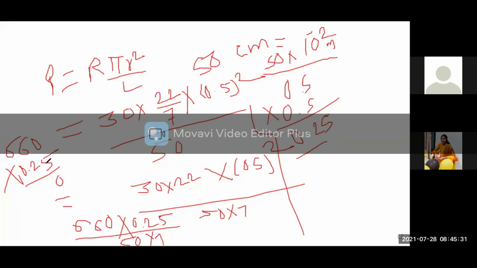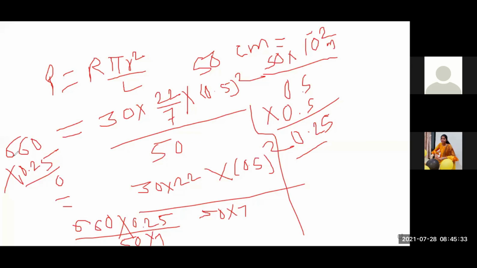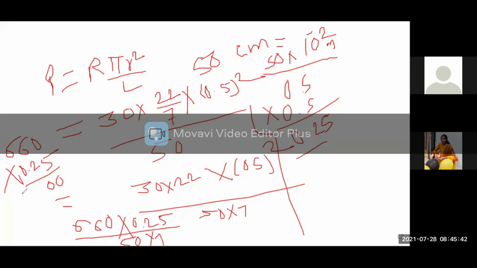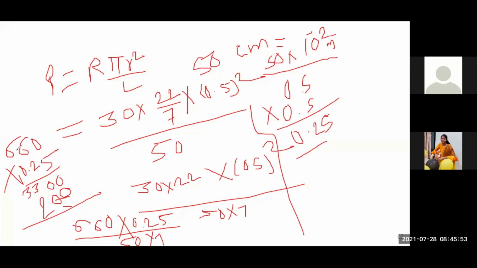Then directly you can take the 25 table if you know it. 25 sixes are 150. Or you can go your regular way. 5 sixes are 30, here 3 carry. Then 5 sixes are 30 plus 3, 33. Then in our regular way we are giving a 0, and 2 zeros are 0. 2 sixes are 12, 1 carry. 2 sixes are 12 plus 1, 13. Now add this. What will be the answer?